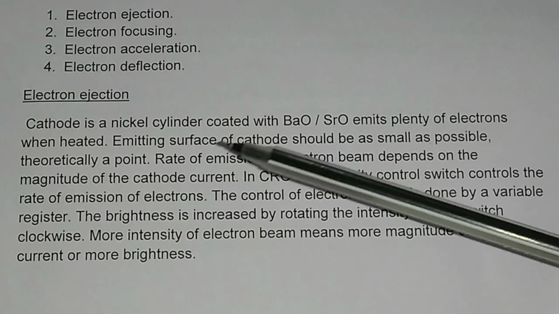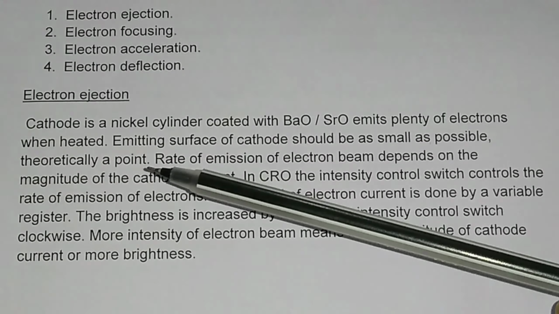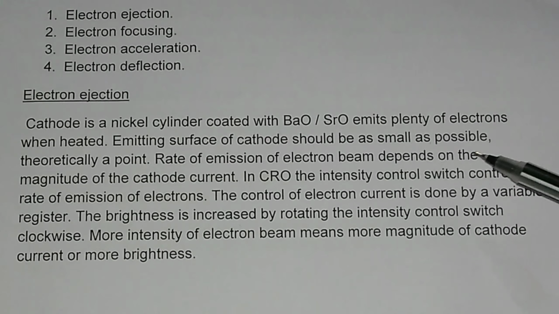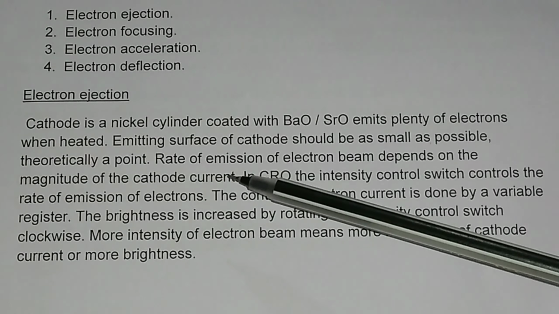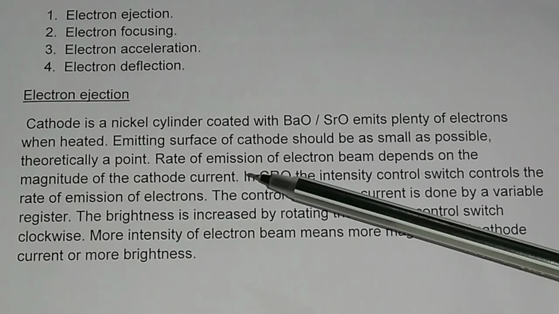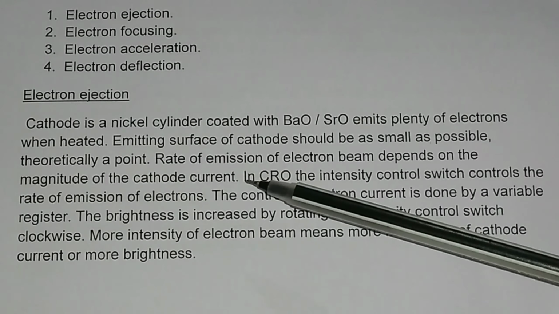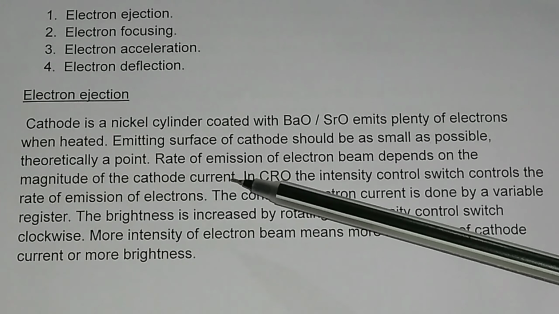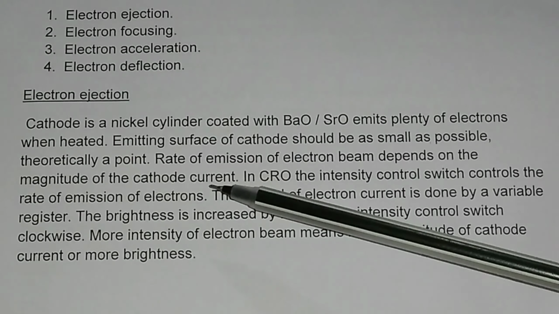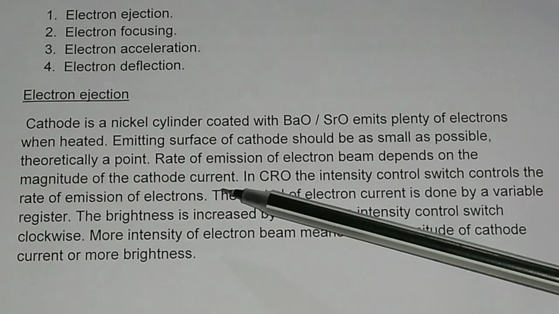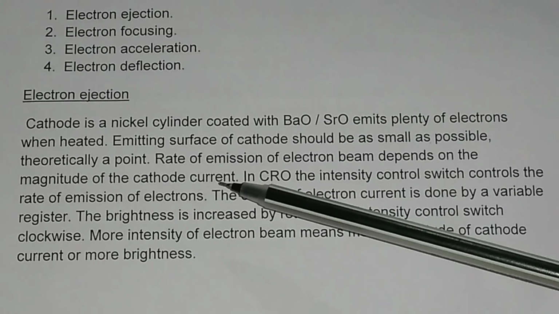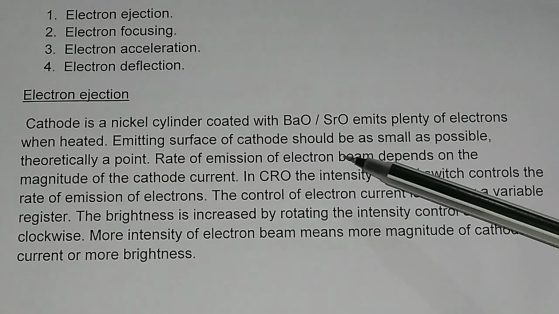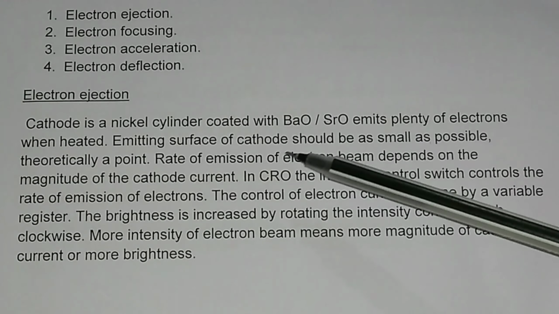Theoretically, the emitting surface of the cathode is basically a point. The rate of emission of the electron beam depends on the magnitude of the cathode current. How much electron beam is coming from the cathode, we measure from the cathode current. If you connect an ammeter, then from the measurement of current you can say how many electrons are coming from this cathode.